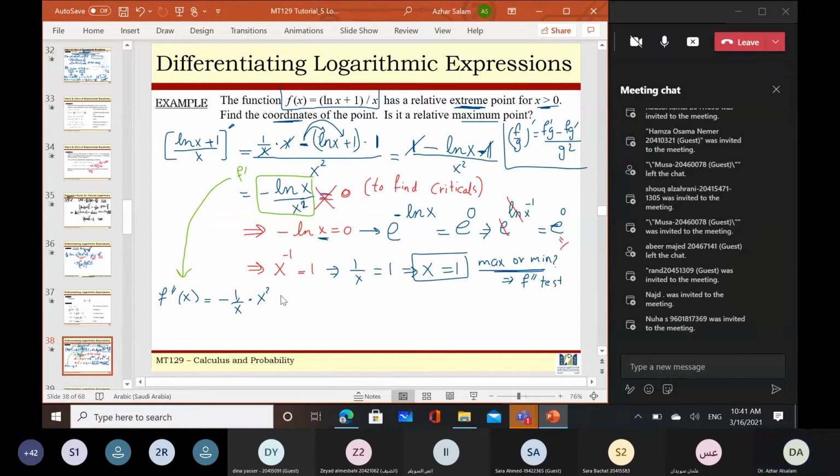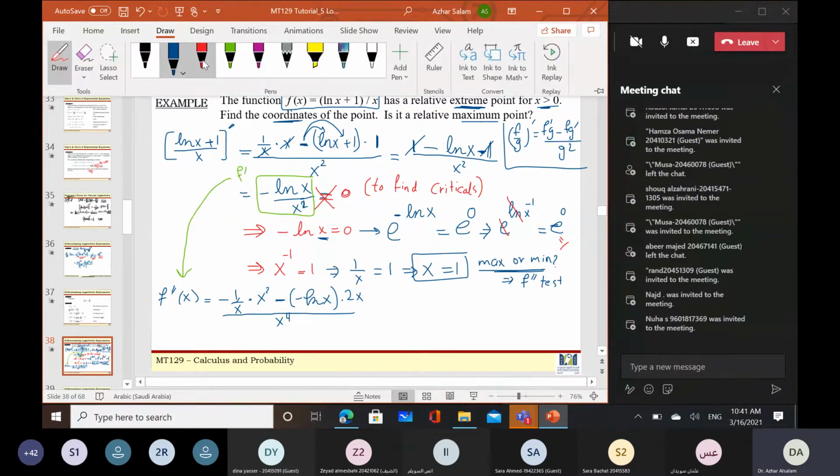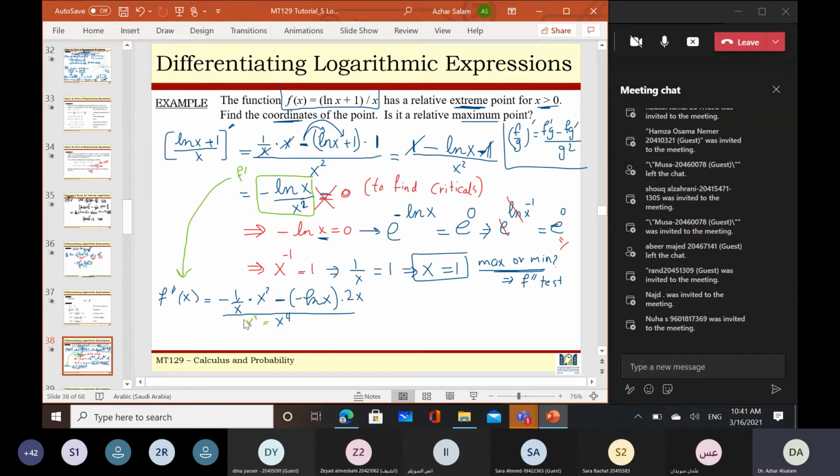Minus the first function, which is minus ln x, multiplied by the derivative of the second function, which is 2x, then divided by the second function squared, which is x squared all squared, which is x to the power 4.